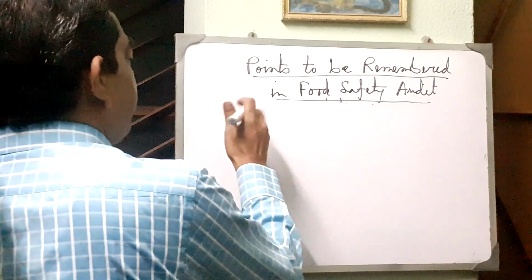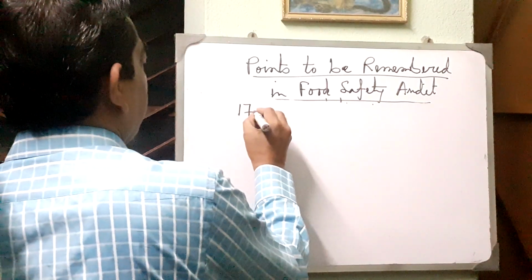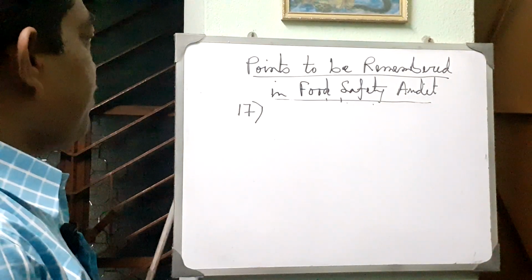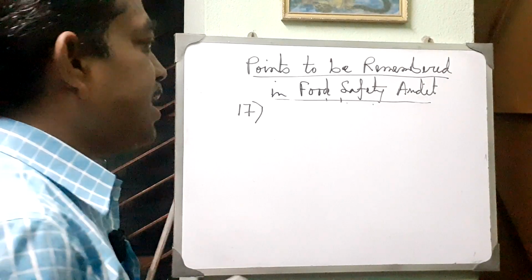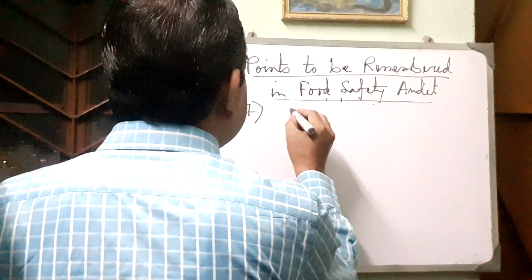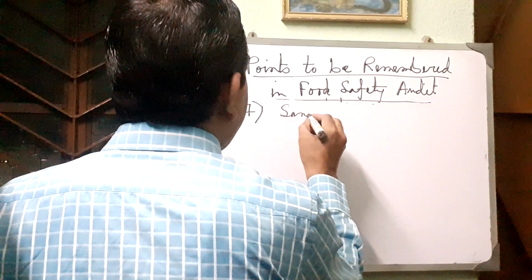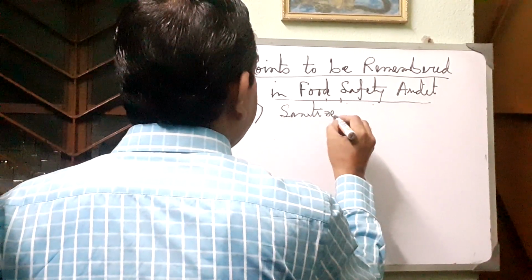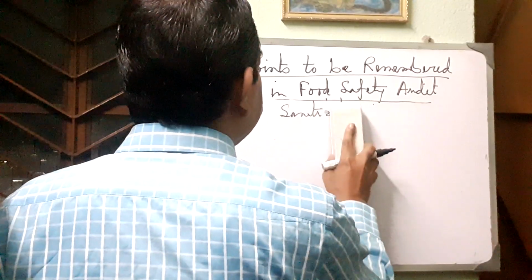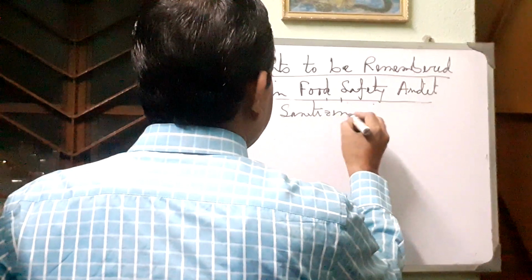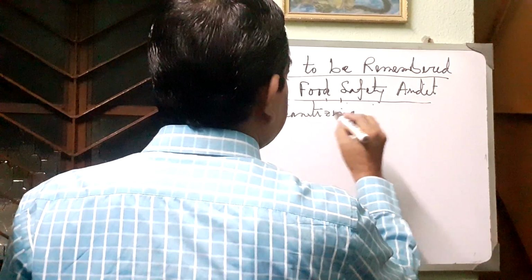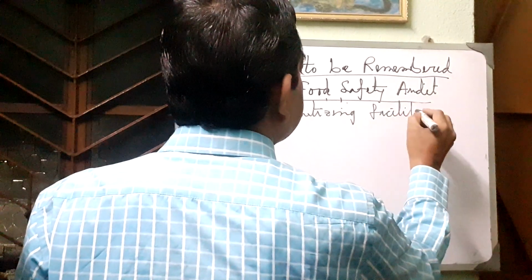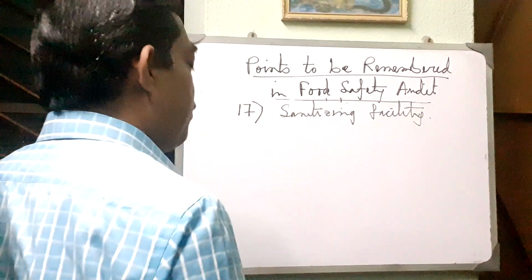The 17th point will be the proper sanitizer before entering the production room floor. Proper hand sanitizer should be there, a sanitizing facility should be there, before entering the production floor.